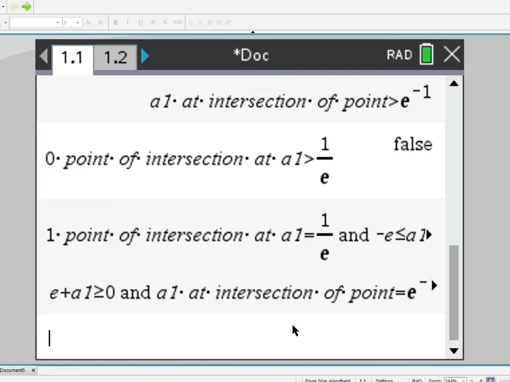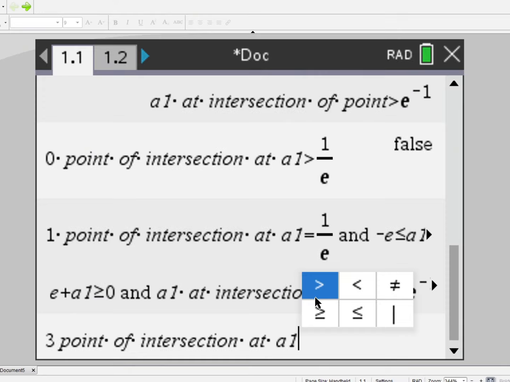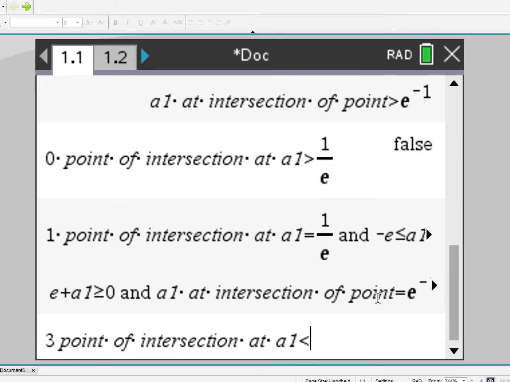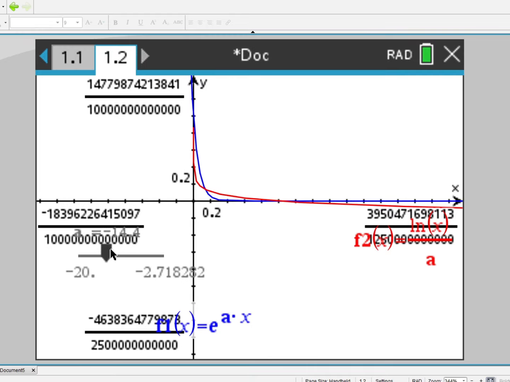So for 3 points of intersection, the A value is less than, and not equal, so less than negative e. That looks right.